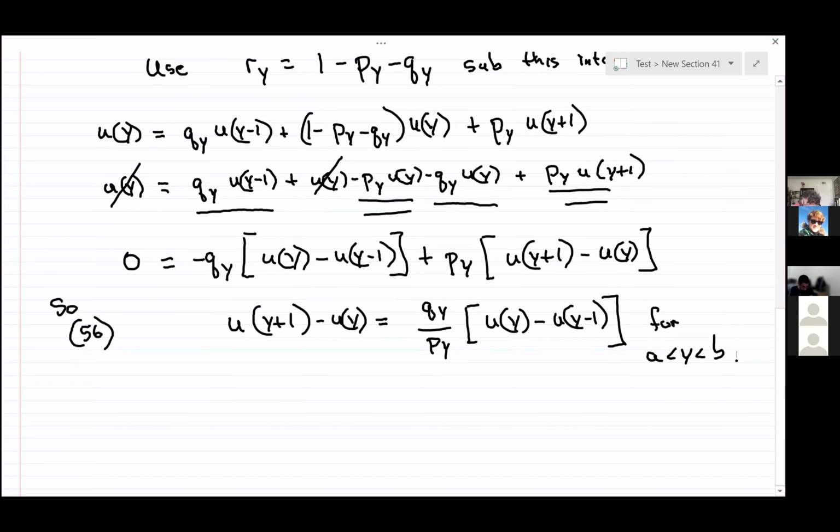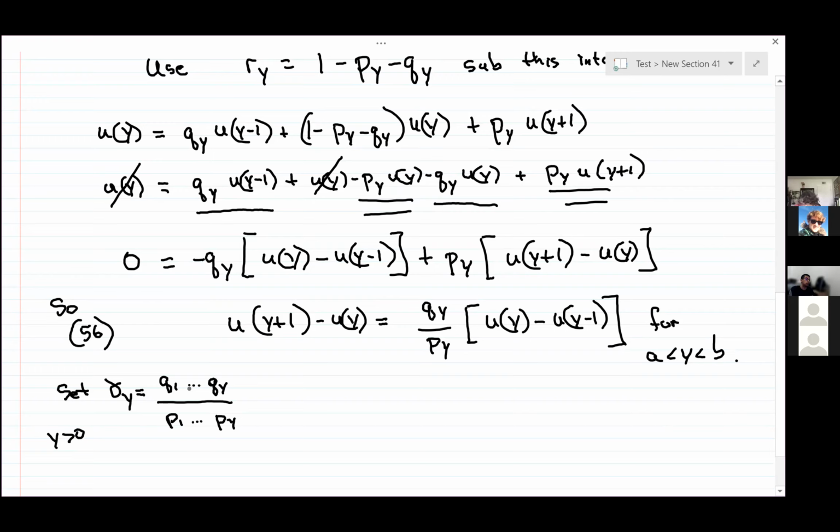Okay. What comes next is to rewrite this in the notation that we've already seen. So set gamma y equal to the product of the q's divided by the product of the p's. And it's presumed here that y is bigger than 0. Okay.